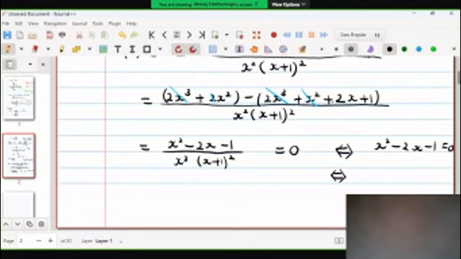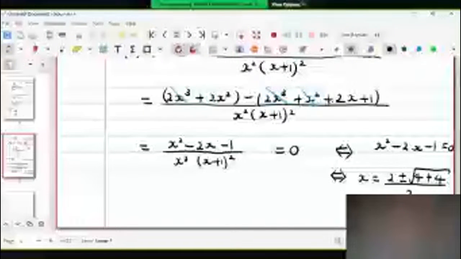You can apply the quadratic formula and compute the turning points. Minus b plus or minus the square root of b squared minus 4ac, divided by 2 times a.